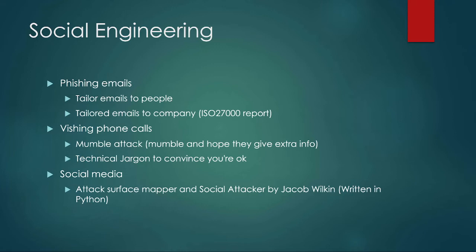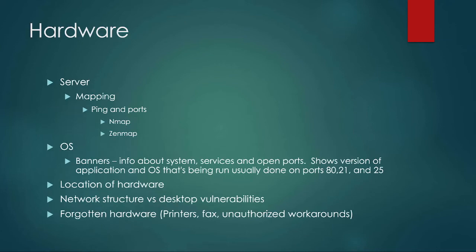So the Attack Surface Mapper and the Social Attacker are some examples of programs that can be used in the process of scraping social media, but it is worth mentioning that these do actually violate the terms of service, so you need to be a little careful with that.